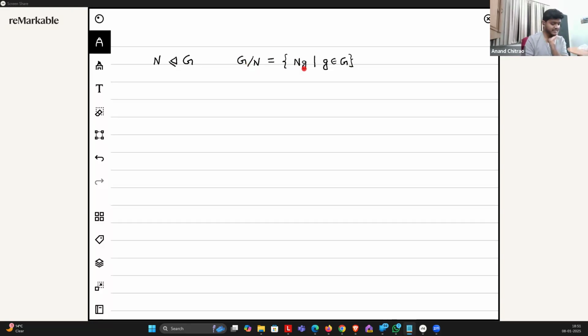It's a small exercise to see why the normality of N is needed. N normal in G implies this is a group in a canonical way, by which I mean this is a group in such a manner that the map from G to G mod N sending little g to Ng is a group homomorphism.